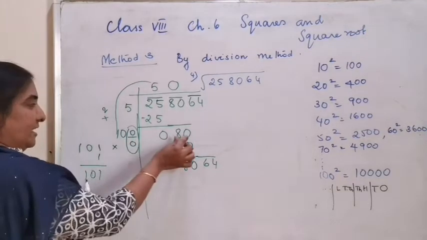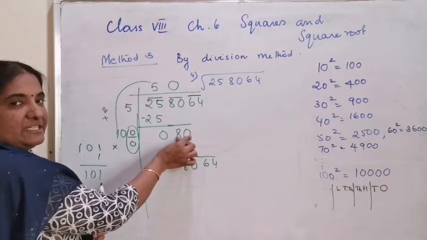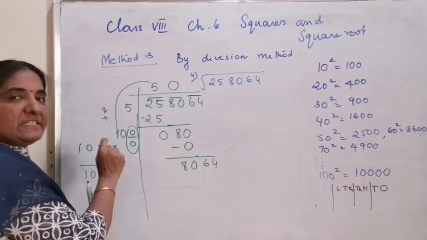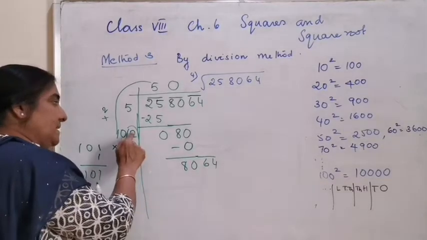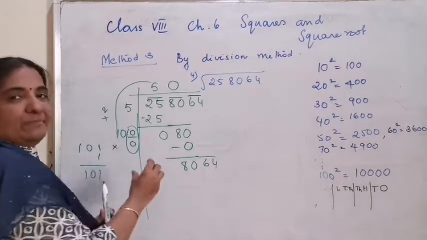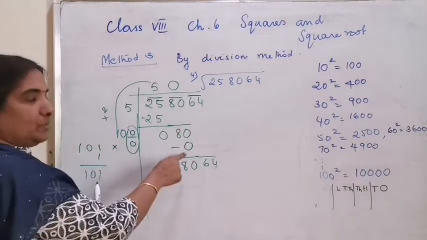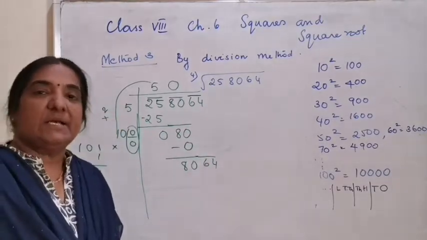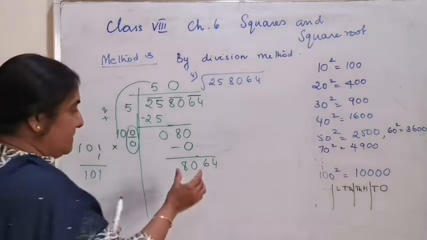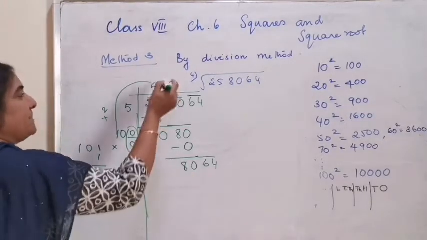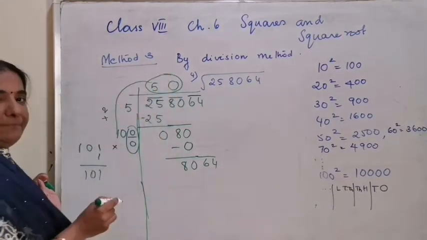When you have a number smaller in the dividend's place, even the minimum number of 1, if it is a bigger number, you just insert a 0. Any number multiplied by 0 is 0. You can subtract with 0, and then the next two digits will take the place, and the number becomes 8,064.